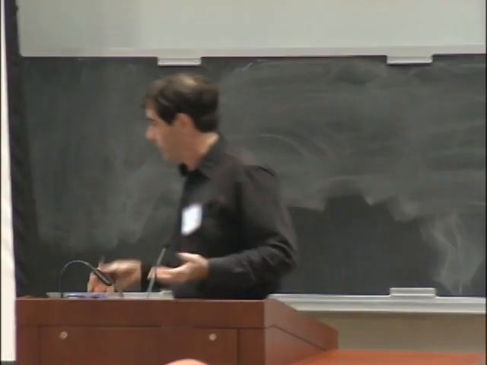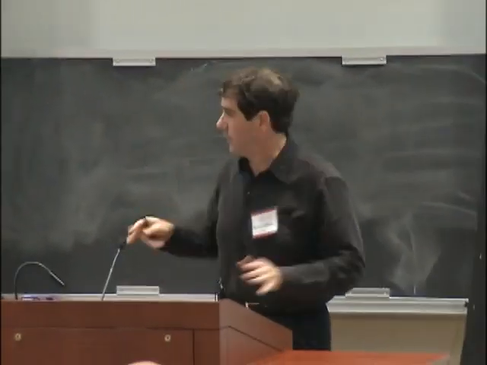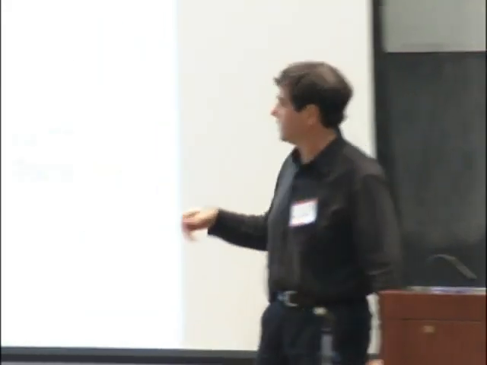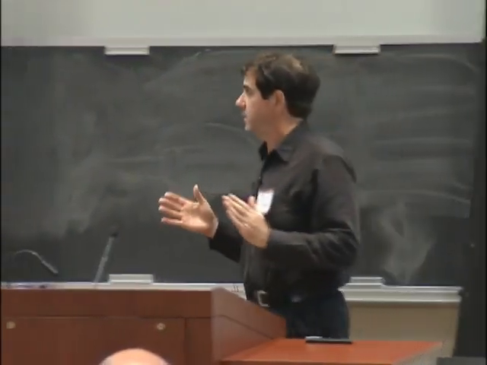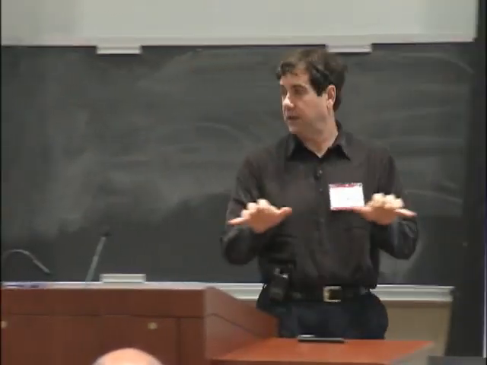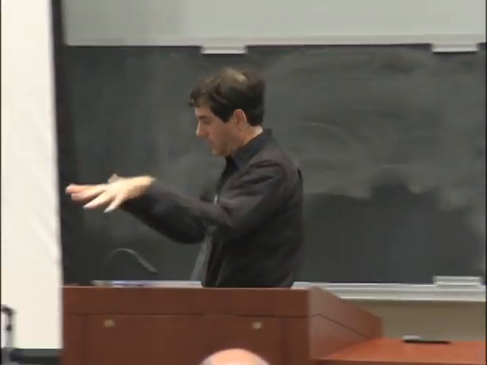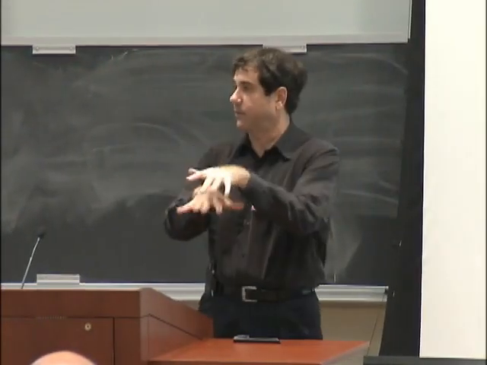So, basically, I've removed the slide that goes into the details, but I'll just say what we have in mind. The idea for training the pronunciation model is to take aligned words and their pronunciations, to align the letters with the sounds, so basically doing a string alignment between the two.